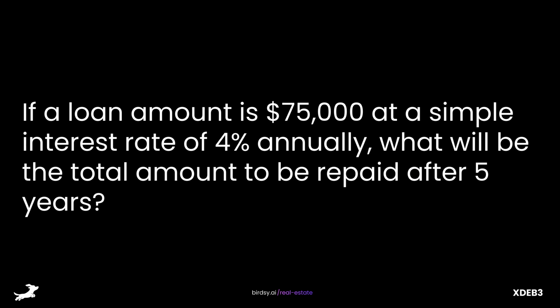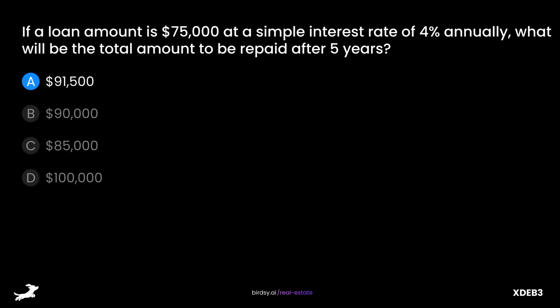If a loan amount is $75,000 at a simple interest rate of 4% annually, what will be the total amount to be repaid after 5 years? Is it A, $91,500, B, $90,000, C, $85,000, or D, $100,000?